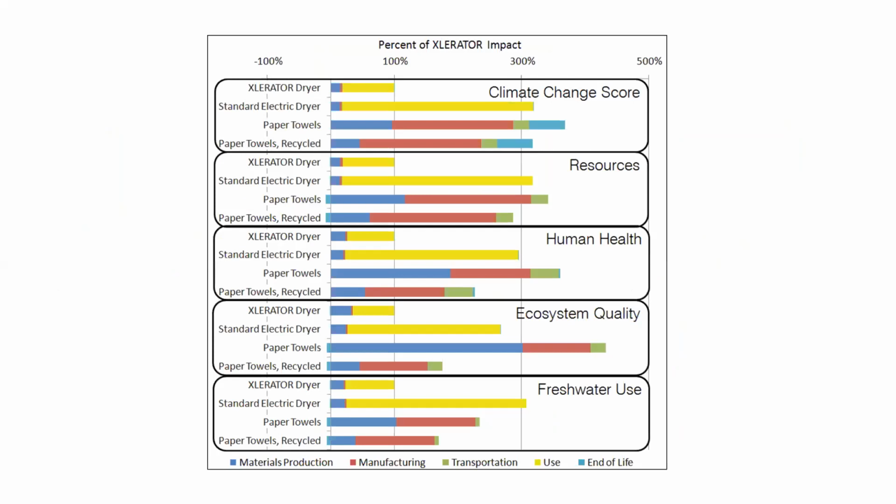An example for hand dryers from one of the studies, 10 years old, I'll put the citation on this. As a simple consumer-oriented question: what kind of hand dryer is better to use? Are paper towels more damaging to the environment than electric dryers? Because one uses materials, others are using energy.